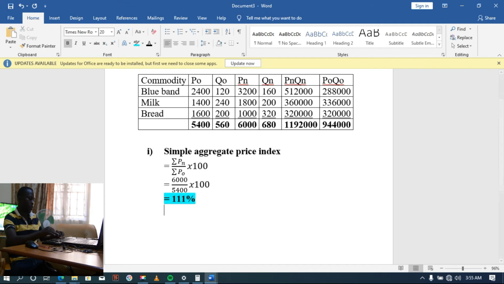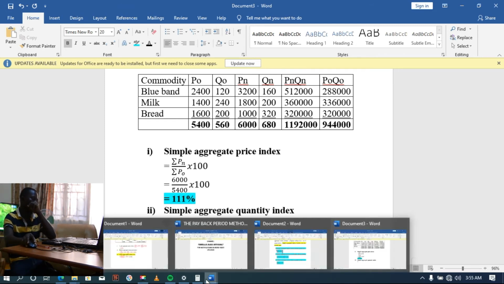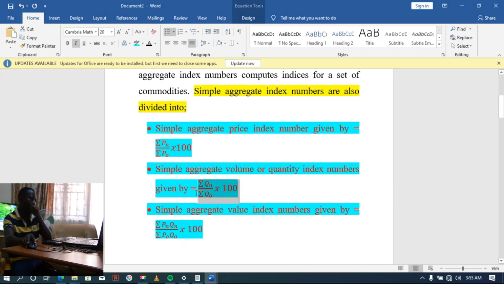Then now part 2 talks of simple aggregate quantity index. Now for this one we look at the quantities, current year quantity against the base year quantity. So you can get the formula.